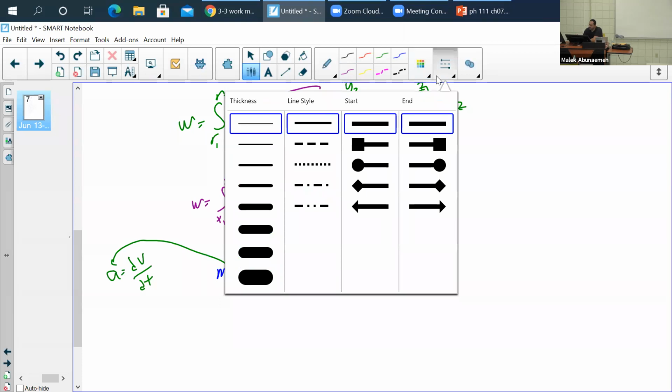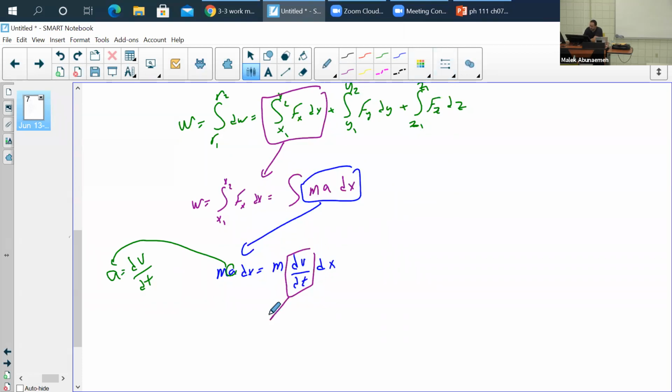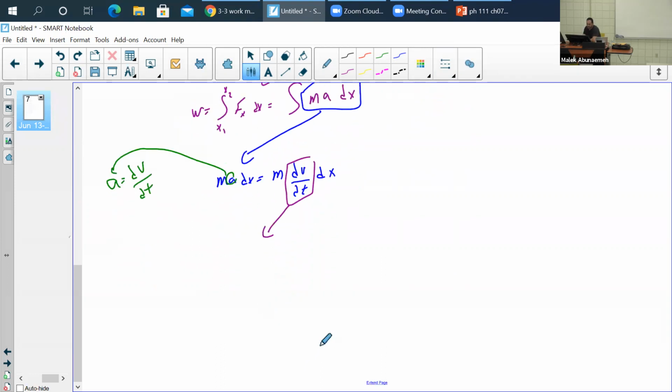Let's go ahead and change colors. So let's take this dv over dt, the change of velocity over time. What's that going to equal in terms of the distance x?